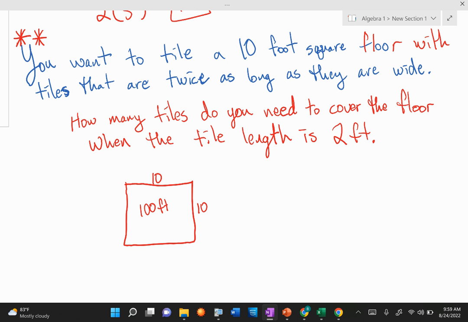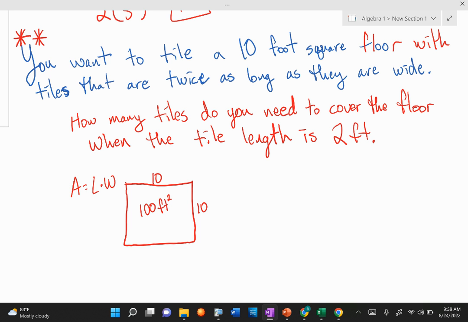Because when we're doing area, it is length times width. So we've got 100 square feet.